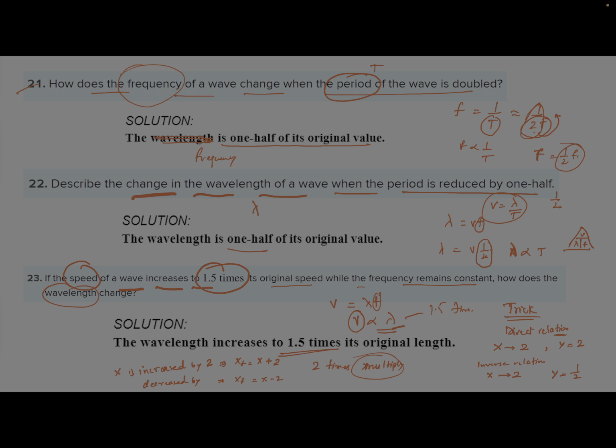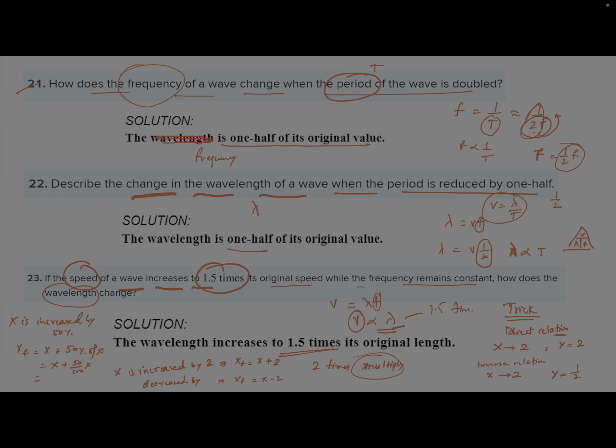Understand? If they say 50%, like before, x is increased by 50%, so x final will be x plus 50% of x. What does it mean? x plus 50% means x plus 50 over 100 x, correct?